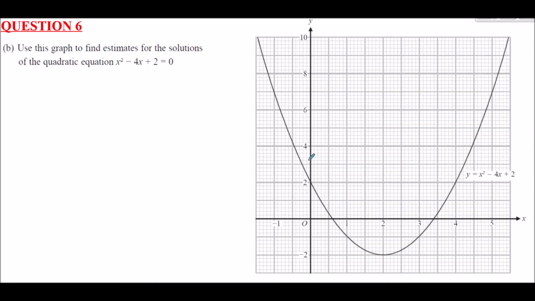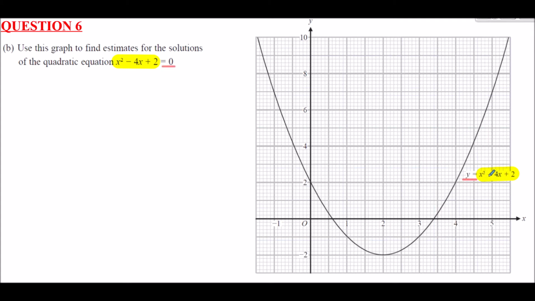Part B is a similar idea to Part A, really. If you look here, we want to use this curve, this parabola, to see when it's equal to 0. We've drawn the graph here of y equals x squared minus 4x plus 2. We want to solve this expression equals 0, but this expression here is what y is.